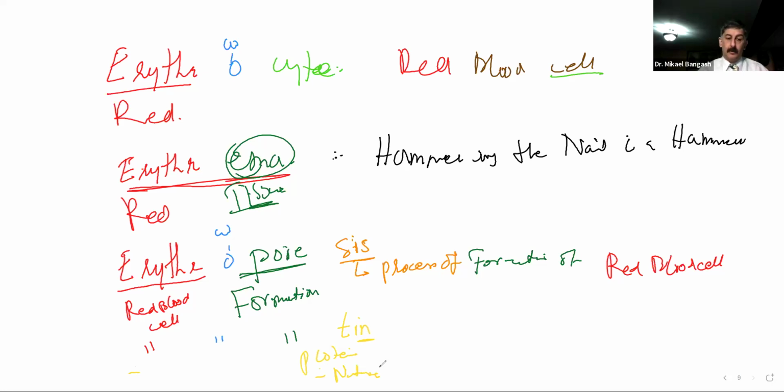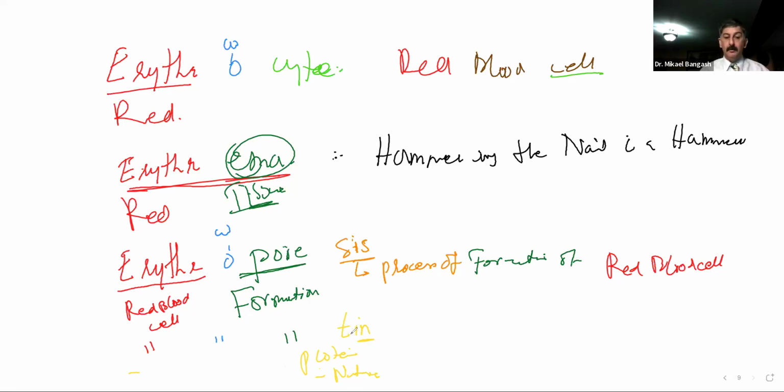But what will we call it? We'll call it erythropoietin. Erythropoietin is a substance, by nature, chemically, it is a protein. Functionally, guys, this is going to be a hormone.